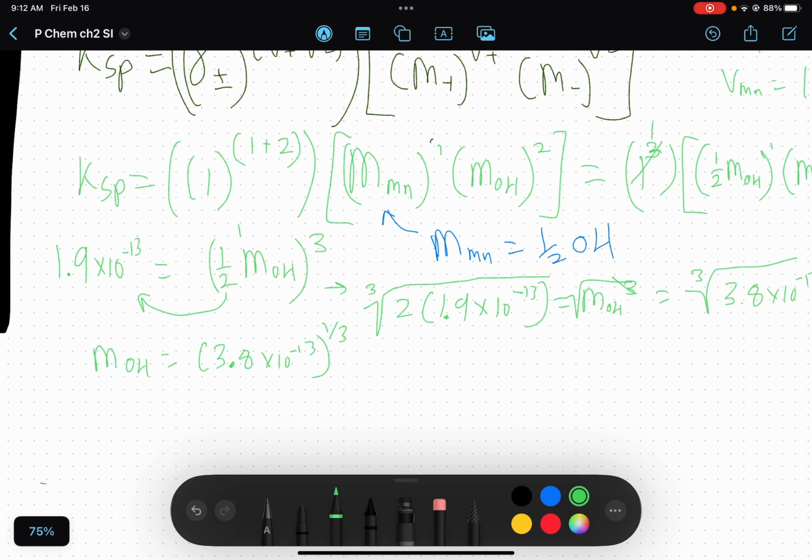Which gave me 7.24 times 10 to the negative 5. I don't believe Ksp has any units, so these must be units of molality.